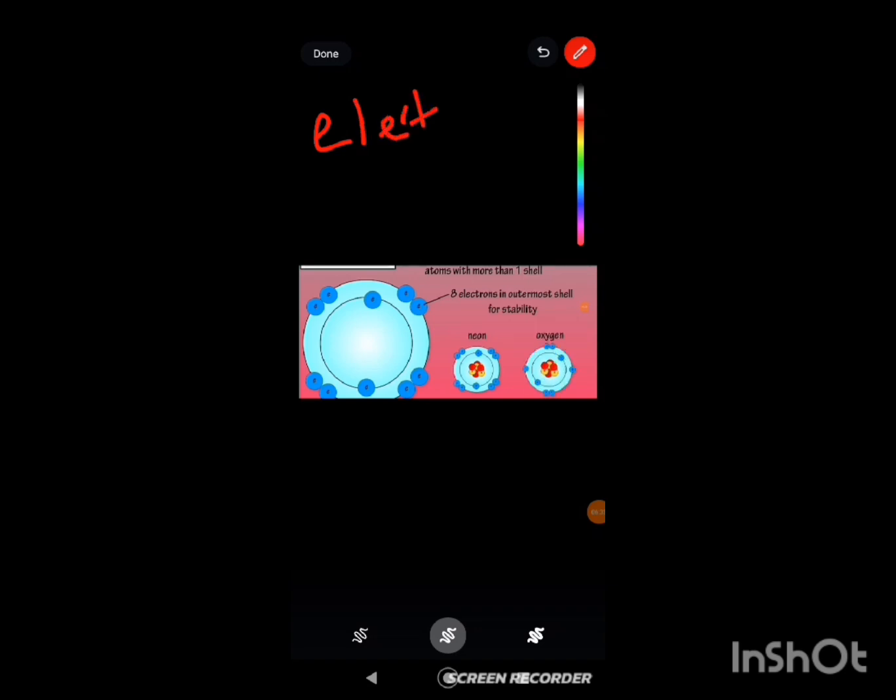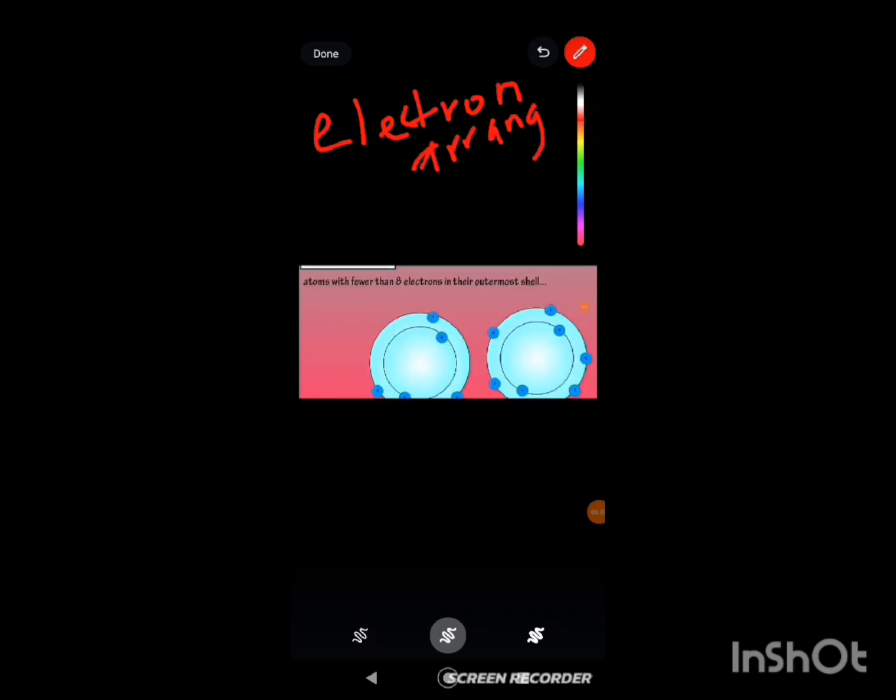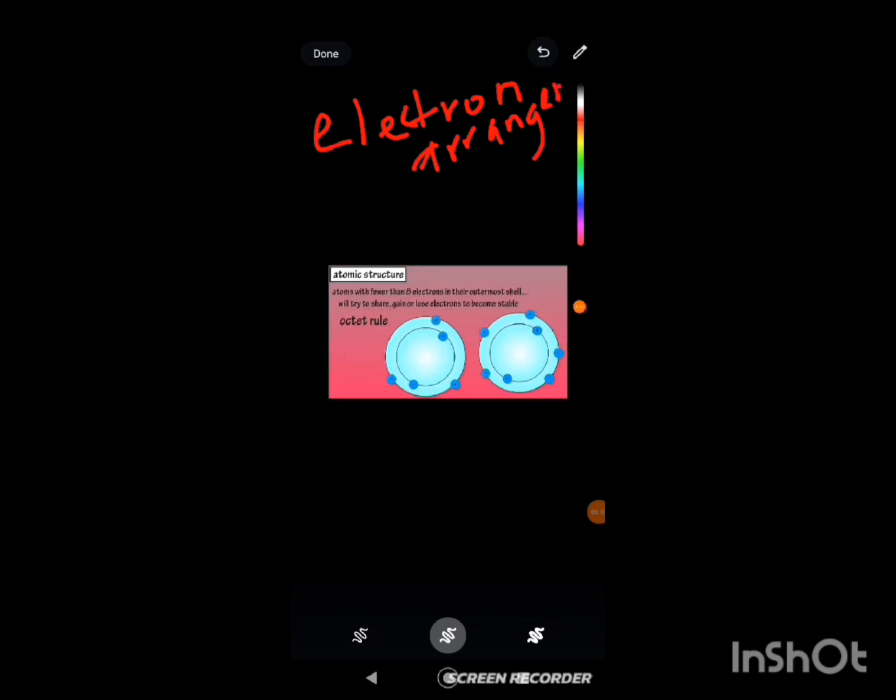The inside has protons and the neutrons, while the outside is occupied by electrons.